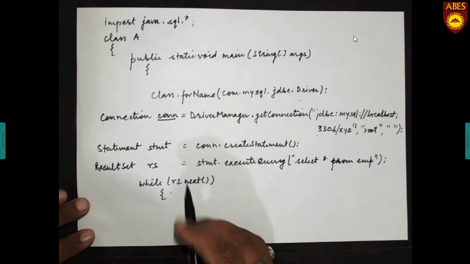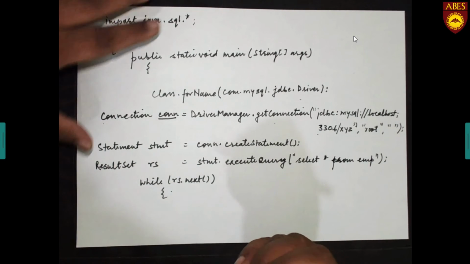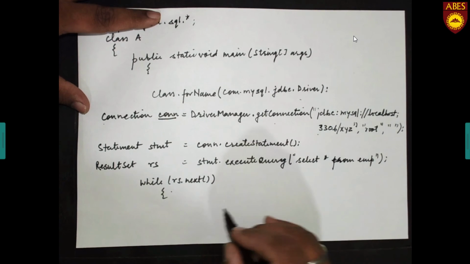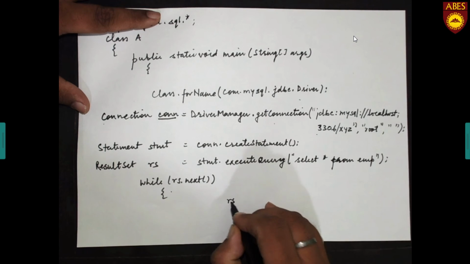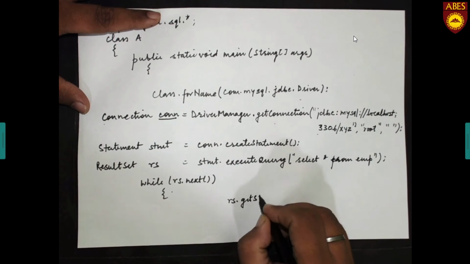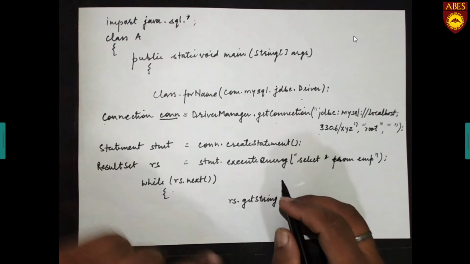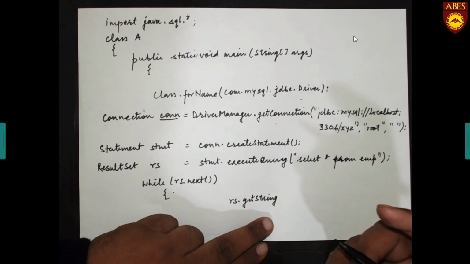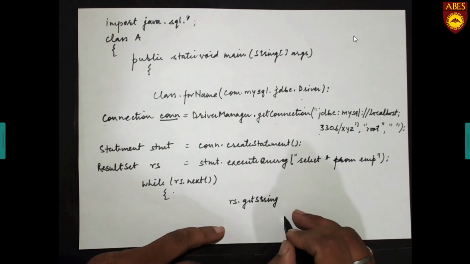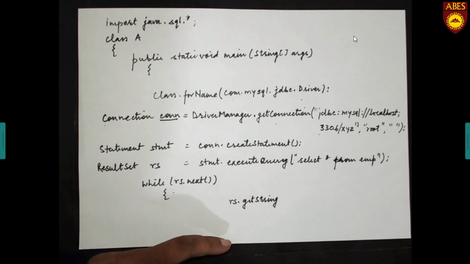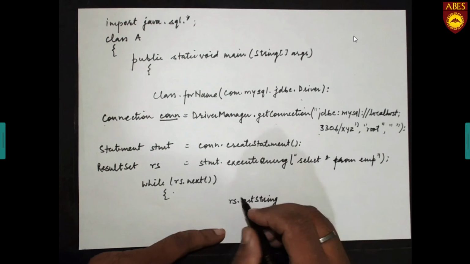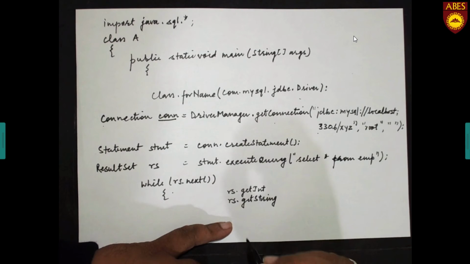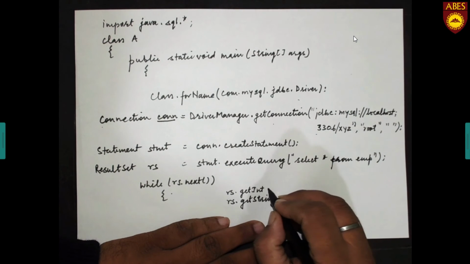Since we are iterating the values, through rs.next we are iterating. rs.getString is used to get the character value, the second field, and rs.getInt is used to get the integer value, like employee number.